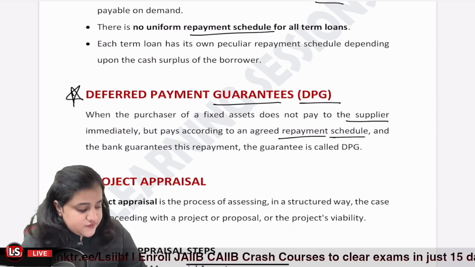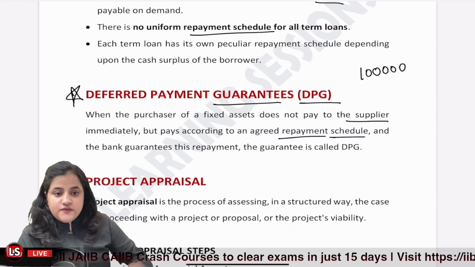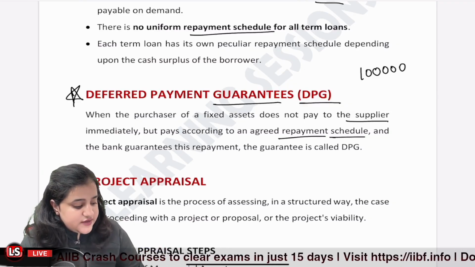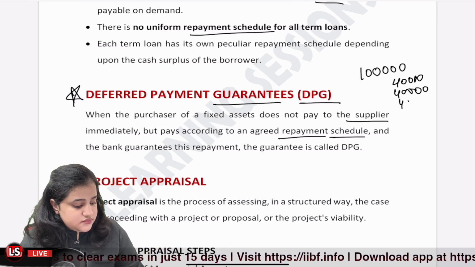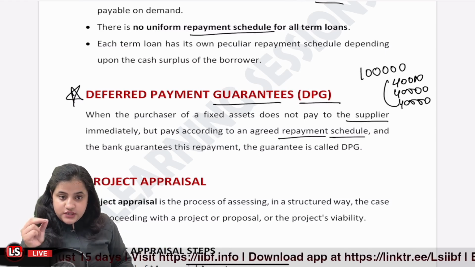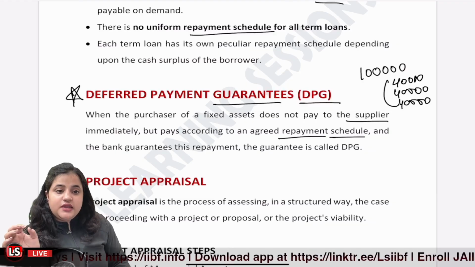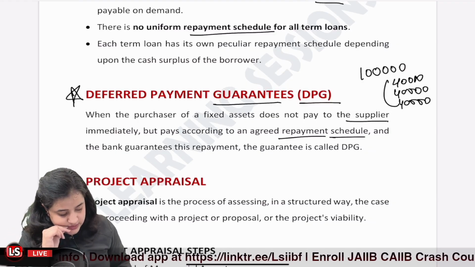For example, if the asset is of 1 lakh, instead of paying 1 lakh upfront, I can say I will pay you 40,000 in 3 installments. So this 40,000 in 3 installments covers the cost of the investment plus my interest for him, and that is your deferred payment guarantees.